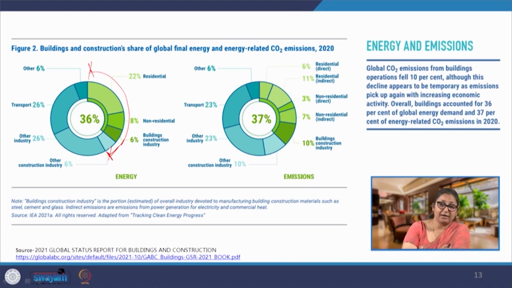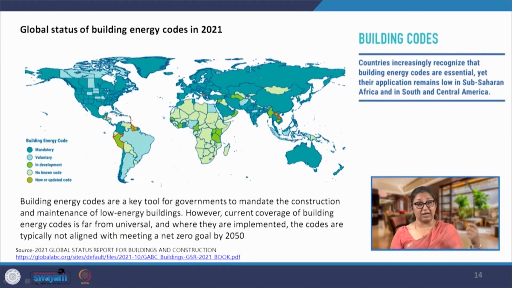So, we have a significant amount of energy that is actually going into the buildings and construction industry, and thereby a direct relation to the emissions that are coming from this industry. Now, this is a significant reason for us to consider the building and construction industry to reduce the emissions that are accruing from this entire industry, whether we are related with building or construction or not. Irrespective of that, we have to reduce.